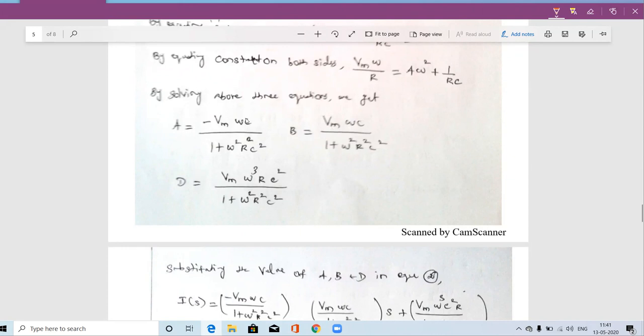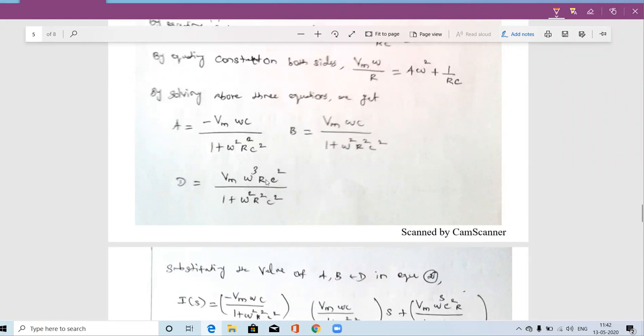In that RL circuit omega L is there, but in this one omega C is there. That is a difference. You just compare and study. The A value, B value and the D value are somewhat different, and the denominator is also different. Here the three denominators are the same, but in the RL circuit the denominator is omega squared L squared plus R squared. Here the answers are different, so you just see the answers.